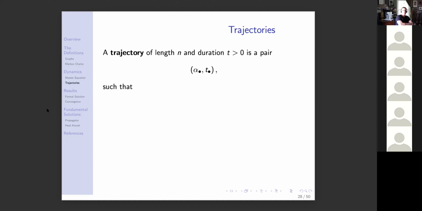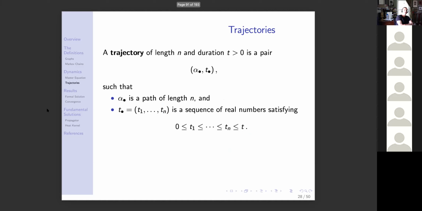Okay, what's a trajectory? A trajectory is a path with times on it. So a trajectory of length n and duration t greater than 0, that's a time, is a pair such that alpha is a path of length n, and t1 through tn is a sequence of real numbers satisfying the following conditions.